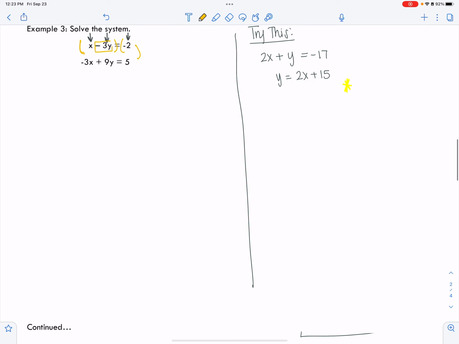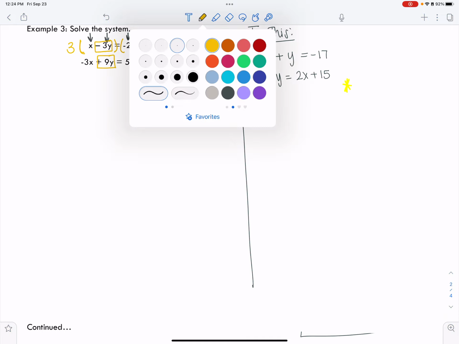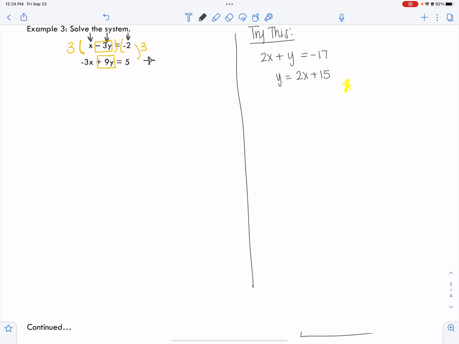If I want to cancel out the y's, I can multiply this top equation by 3. And so I'm going to multiply everything in the top equation by 3. So 3 times x, 3x, 3 times negative 3y, negative 9y, and 3 times negative 2, negative 6.